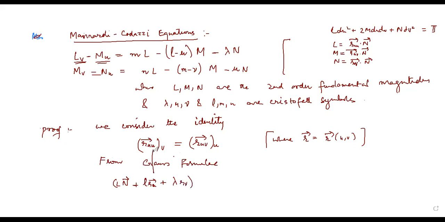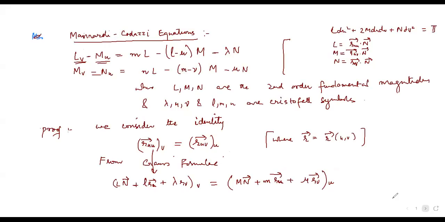Now, यहाँ मैंने R_uu को substitute किया and I'm partially differentiating it with respect to v. Similarly, R_uv was equal to, from Gauss formula, M N plus small m times R_u plus mu times R_v, and of course it is partially differentiated with respect to u. Now, what you do, you just differentiate both sides and see what you get.